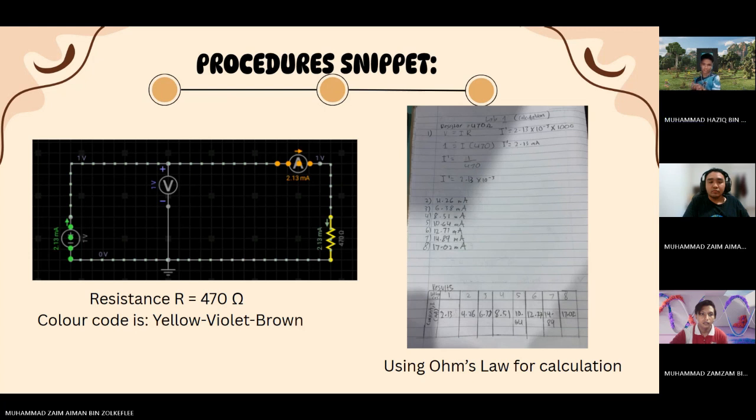So we calculate and get 2.3 times 10 to the minus 3, and then multiply that by 1000 to get the measured value for volt 1.